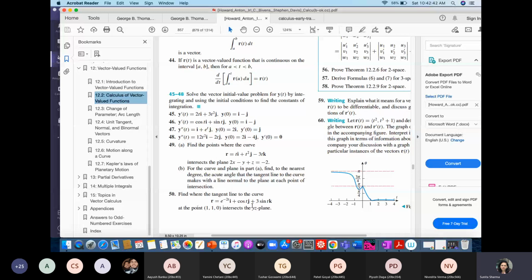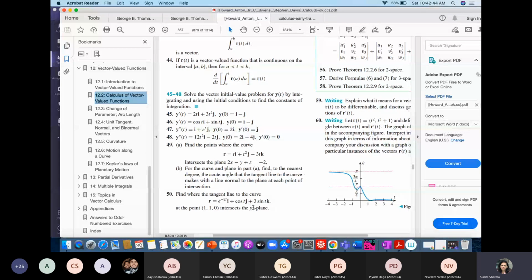Similarly, question 50, you have to find where the tangent line to this curve at this point intersects the YZ plane. So first you will find the equation of the tangent line at this particular point, then you have to find the intersection point with the YZ plane. So on the YZ plane, your X is going to be 0.